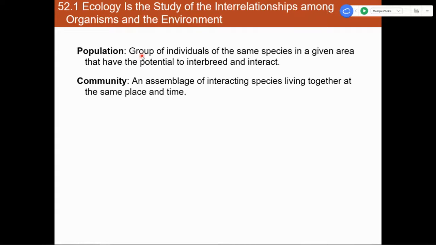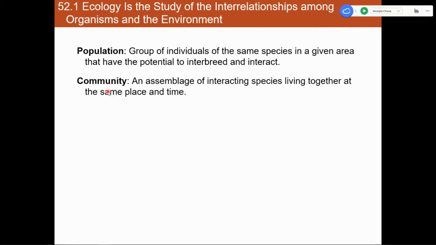If you're a group of monkeys that live on an island, and you can all move around that island and interact with one another, you're part of the same population. If there's another island 1,000 miles away that has the same species, but they have no way of interacting, then they are two separate populations of the same species.